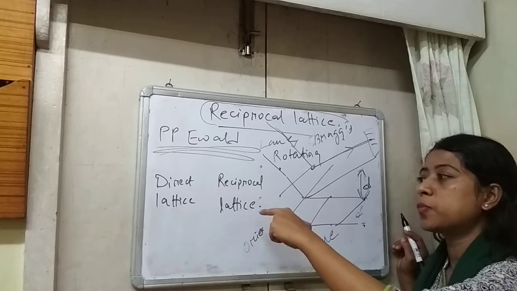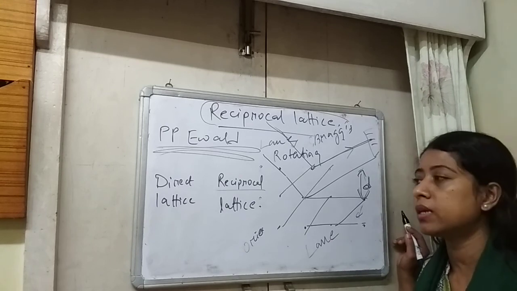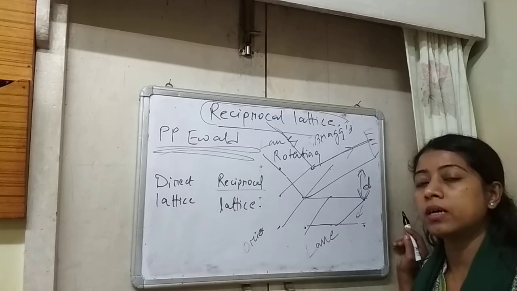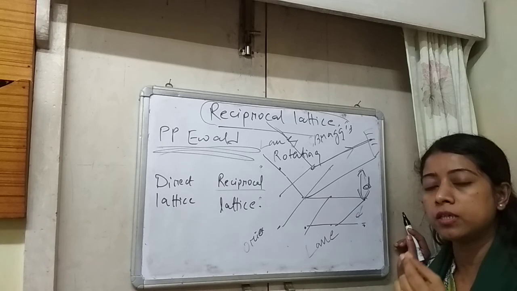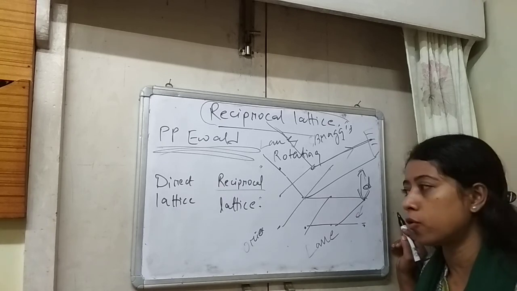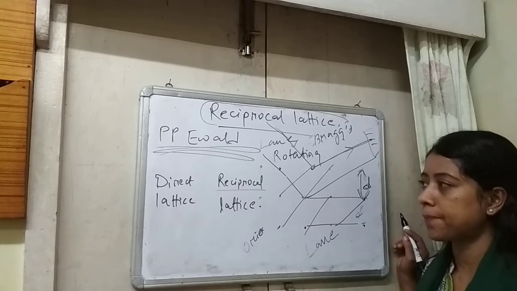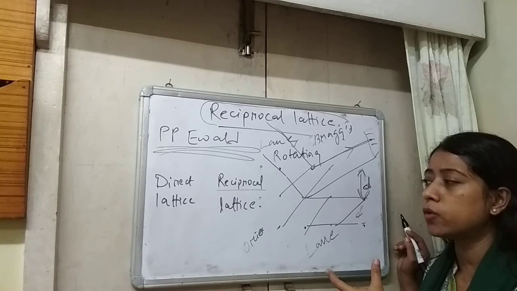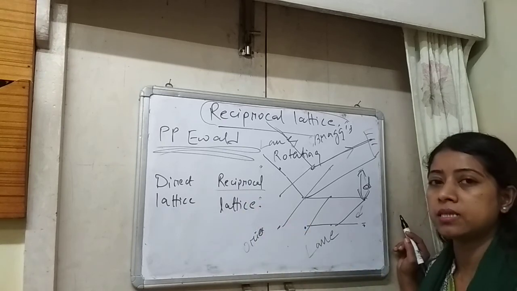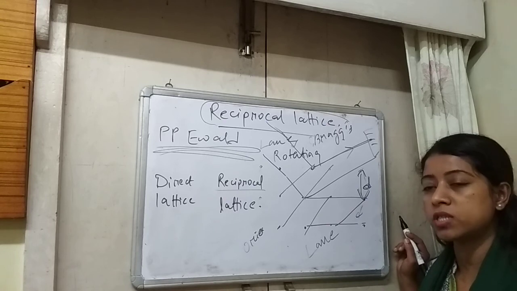Then what is reciprocal? From the word itself you can understand that reciprocal is something which is inverse. If you have a number 4, then the reciprocal of 4 is 1 by 4. Something like that we are going to talk about in this unit, called the reciprocal lattice. And what was the need for the reciprocal lattice or reciprocal space?